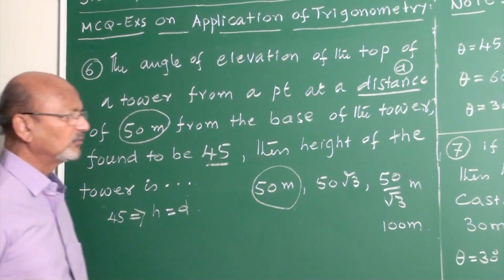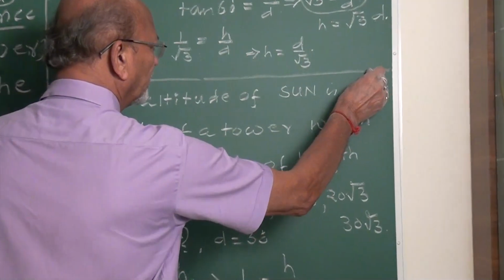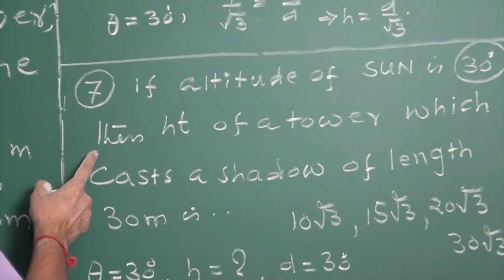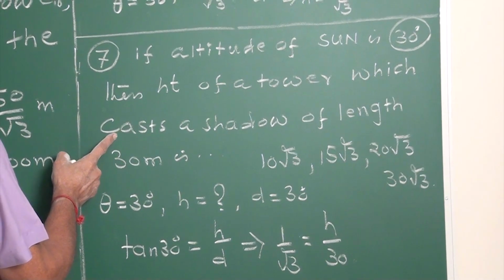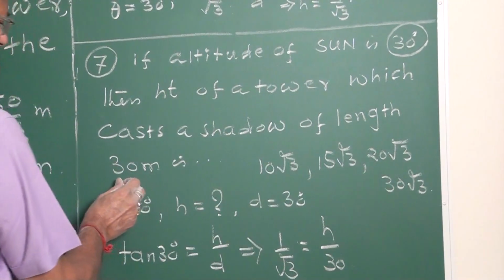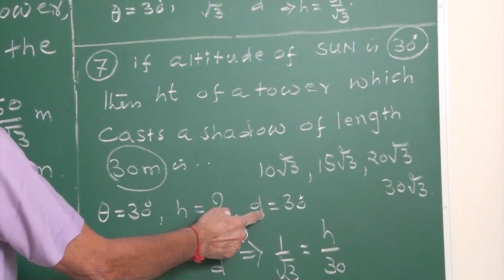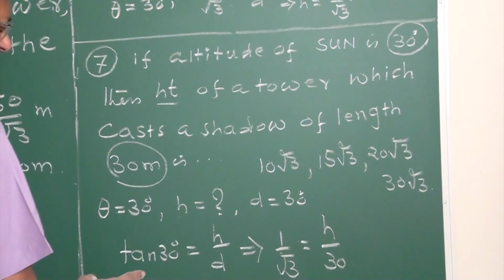Then I give one more here. If the altitude of the sun is 30 degrees, my friends, 1 by root 3, then the height of a tower which casts a shadow of length 30. D is given, and you want the height h.